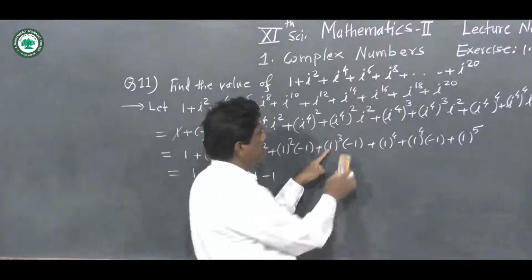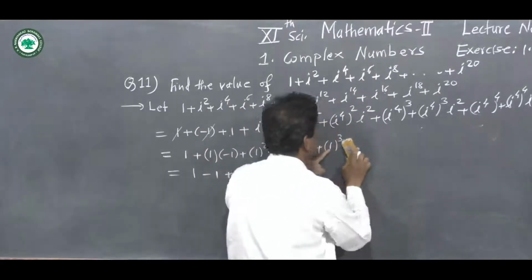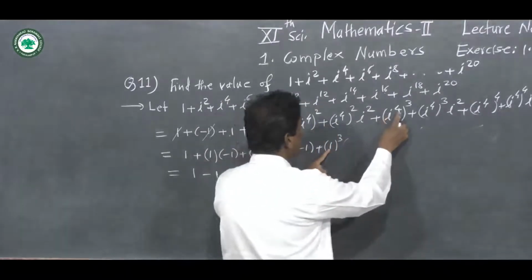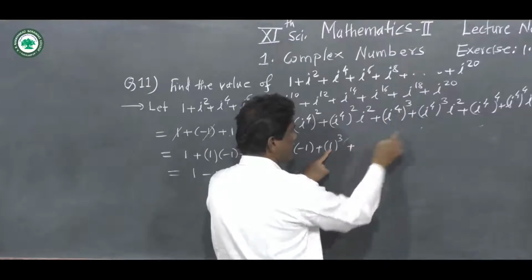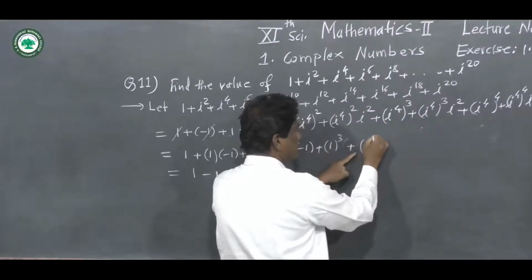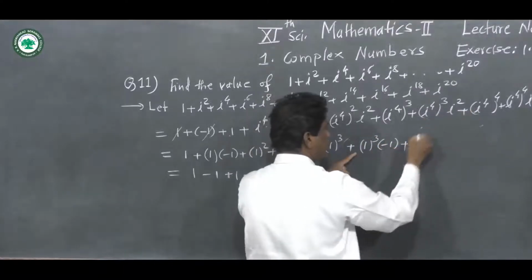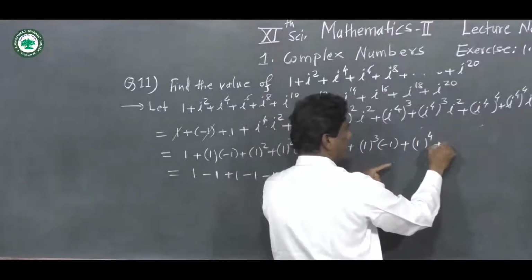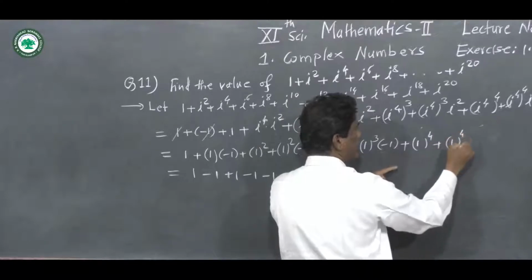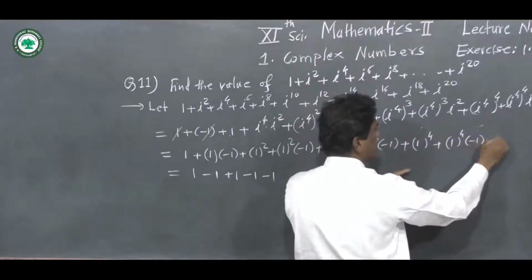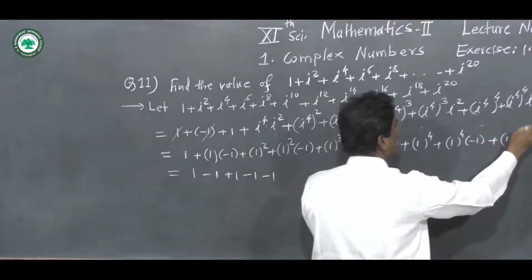Now see here, 1 to the power 3 plus here 1 to the power 3 and i square is minus 1, plus here 1 to the power 4 and plus here 1 to the power 4 into i square is minus 1, plus here 1 to the power 5.